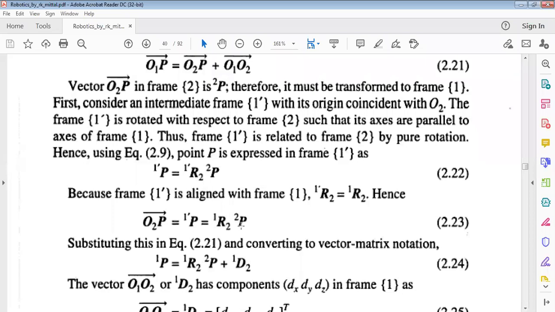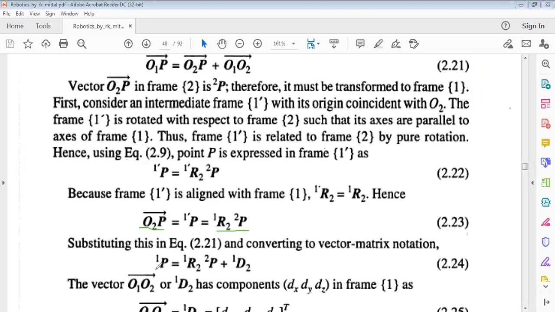Now substitute this in the original equation, equation 2.21. In this equation, you substitute the vector O2P as 1 R2 2P.